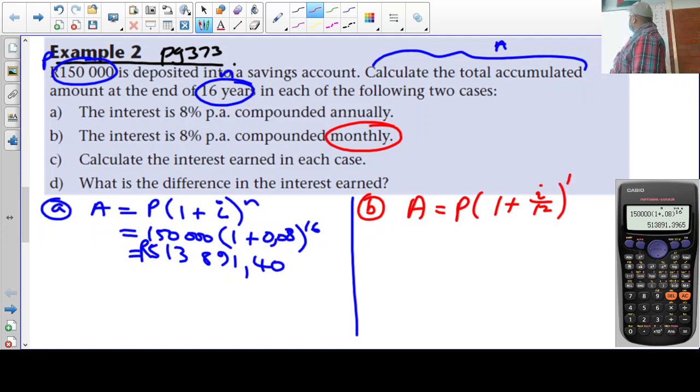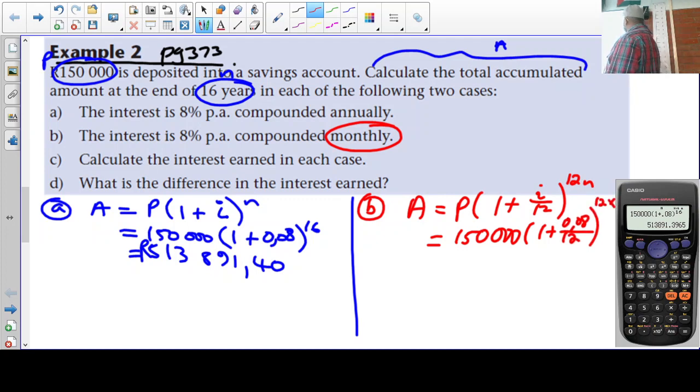To the exponent 12n. You all agree with that? So what do I substitute in here now? P, which is 150,000, into 1 plus 0.08 over 12 to the exponent 12 times 16.